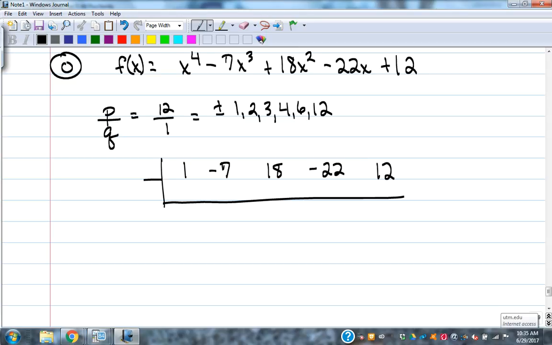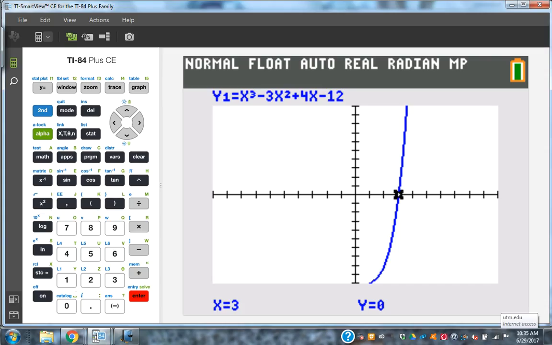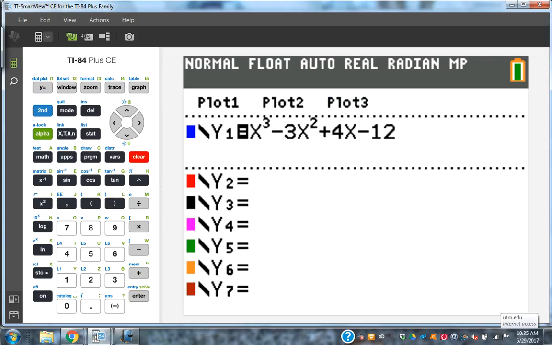Okay, so what's the next step? I hope it's graph it. So we got x to the fourth minus 7x to the third plus 18x squared plus 22x plus 12.